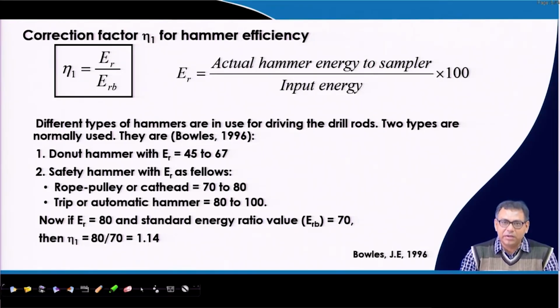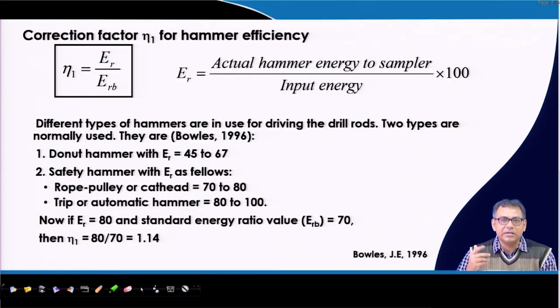That may be your instrument problem, or that may be your manual error. Depending upon the instrument that you are using, your applied energy may not be 100%. And in all the tests you cannot use a particular energy, because some tests you may do with 60%, some with 70%, some with 80%.